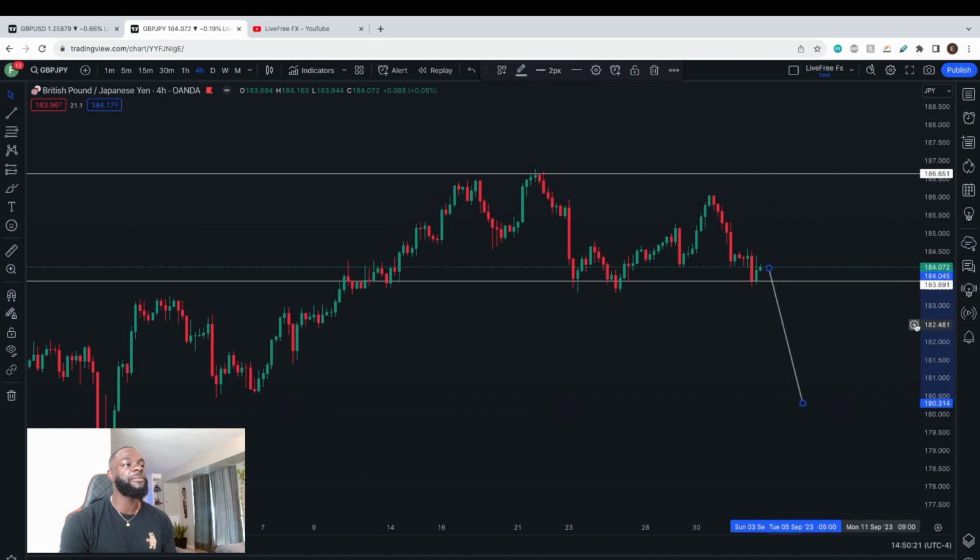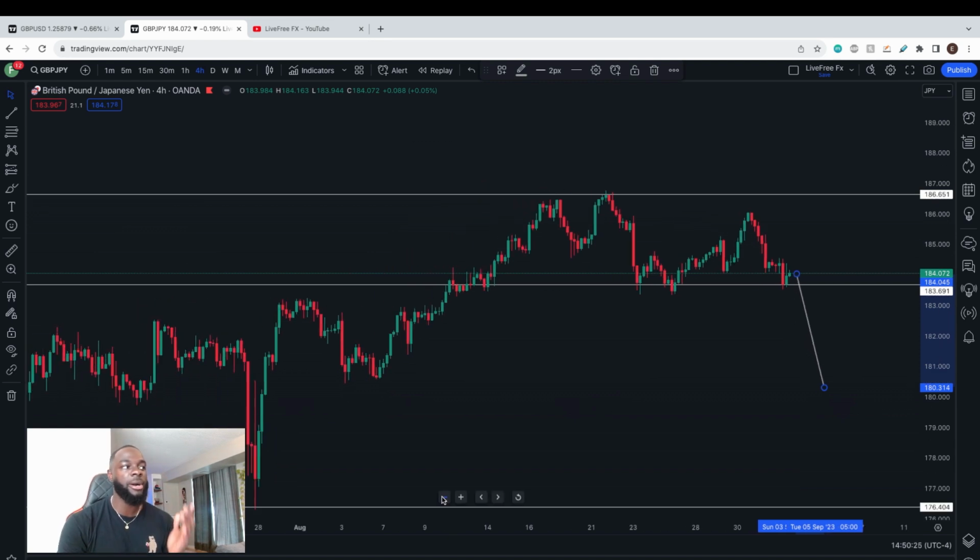So when you identify a move like this, your thought process is, we know that on the higher time frame, buyers are still in control, but on the lower time frame, we're seeing a change in the overall market structure. Price is now creating a high, lower low, lower high, and we're likely going to see a lower low follow.